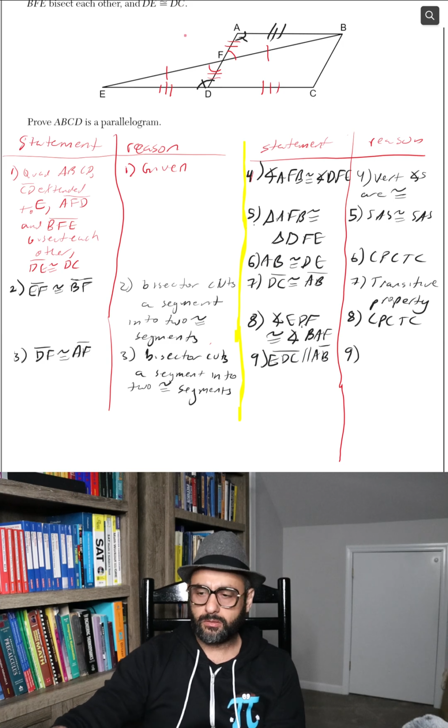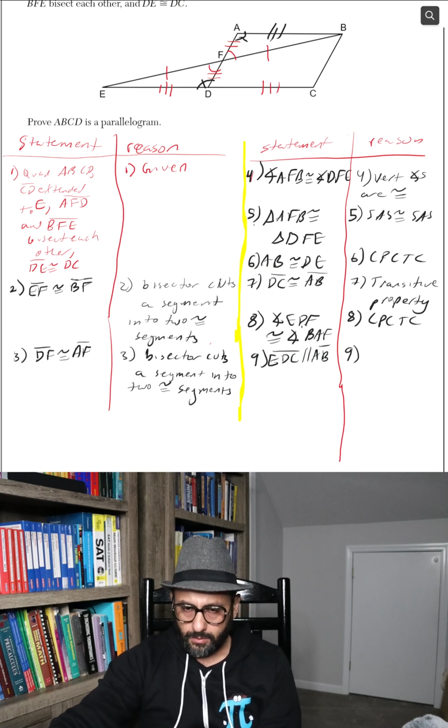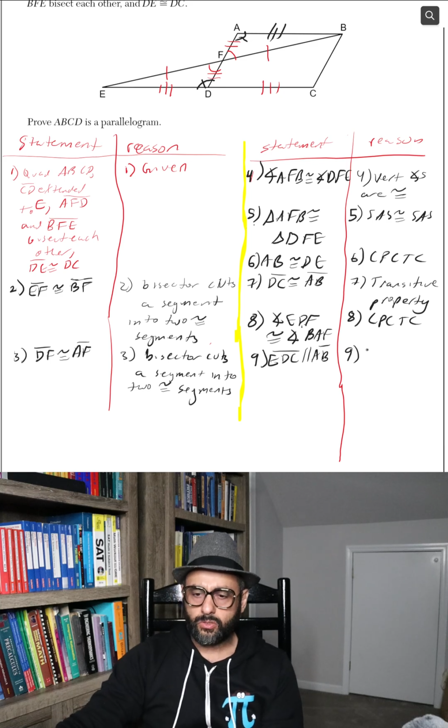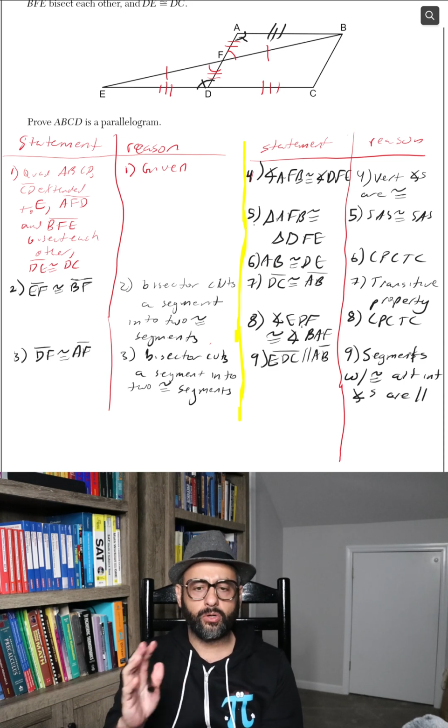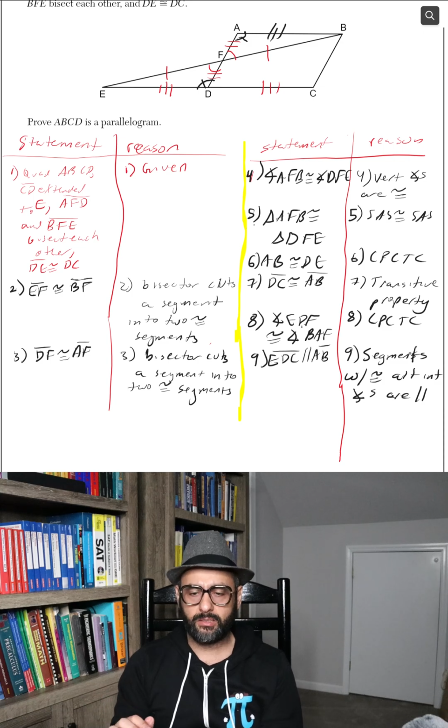There you go. So segments with congruent alternate interior angles are parallel.